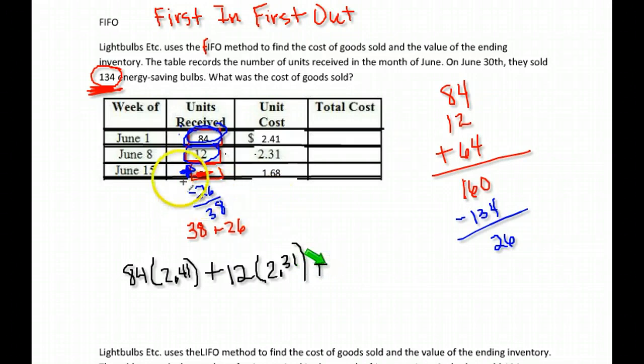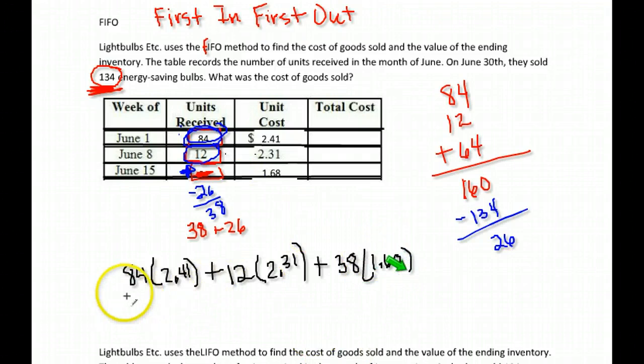And then from our 64, we only sold 38 of them, because remember there's 26 left over in our inventory that we have not sold. We only sold 38 of those, but they were $1.68 each. So rather than averaging, we're using the actual cost of each item and assuming that we're selling the first ones that we got first.